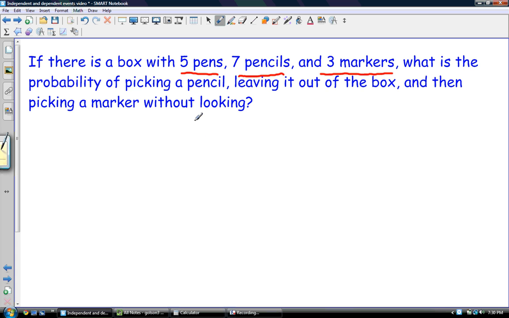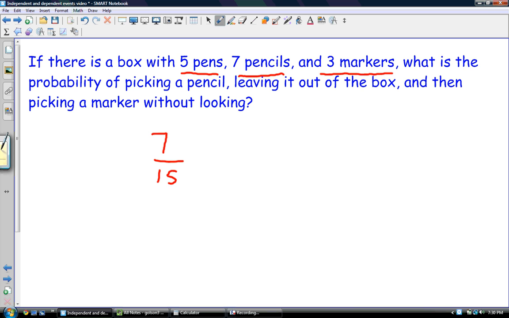The first thing I need to do is find the probability that I pick a pencil the first time. My favorable outcomes is the number of pencils, which is 7. My total outcomes is the total number of items in the box: 5 and 7 is 12, and another 3 makes 15. So I have a probability of 7/15 of pulling the pencil out the first time.